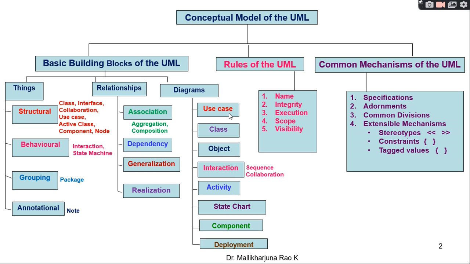The first one is the use case diagram. It is useful to design any system in two ways. One is to design the complete system, meaning the various features or services you are interested in providing. To model all the services provided by the software, you can use a use case diagram.